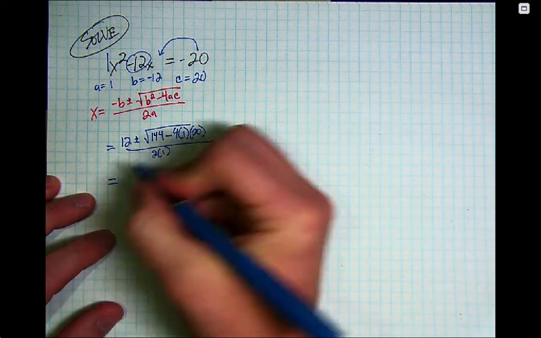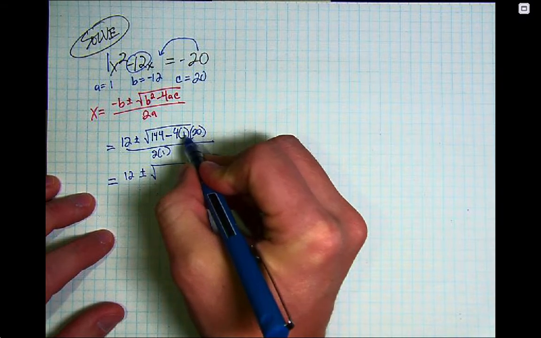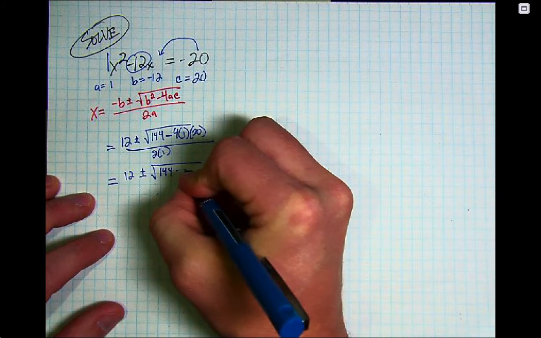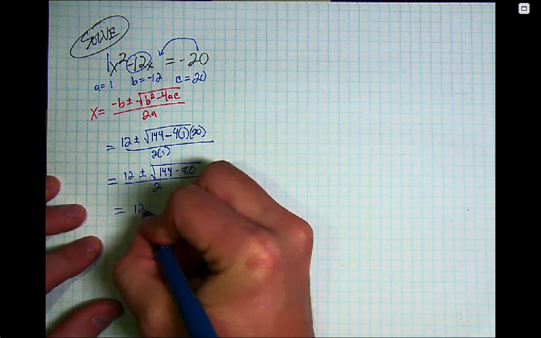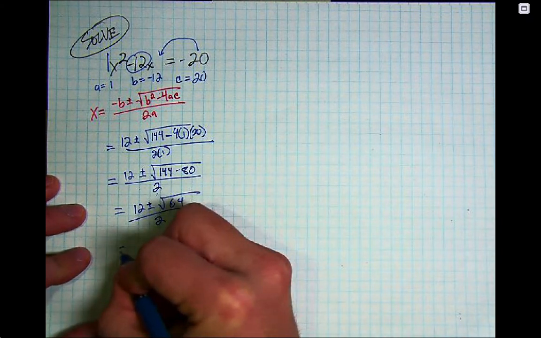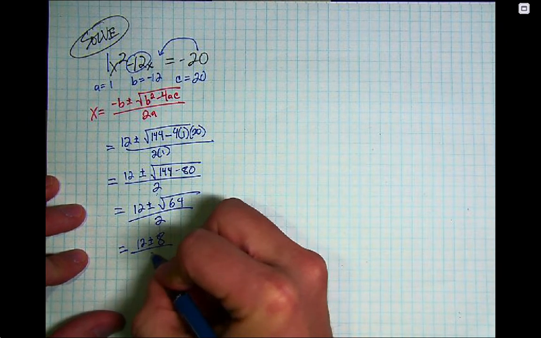And now I can keep on going. 4 times 1 times 20, that's 80. What's 144 minus 80? That's 64. And we know the square root of 64. That's 8.